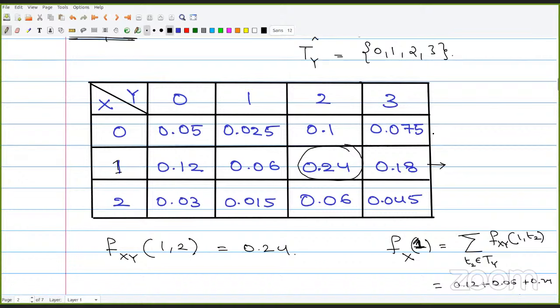What is the first row value? This is 0.6. This is 0.225, I guess. The total will be 1, it will always be 1.